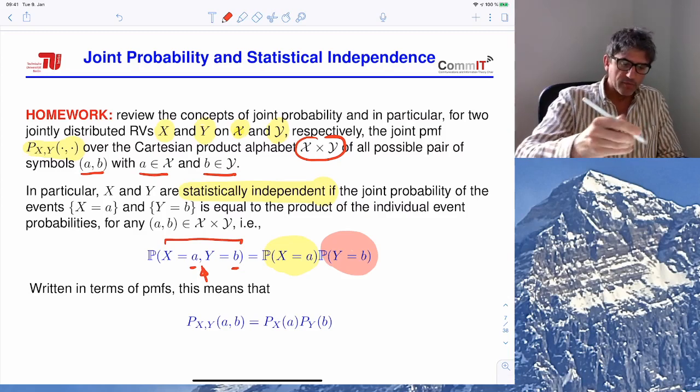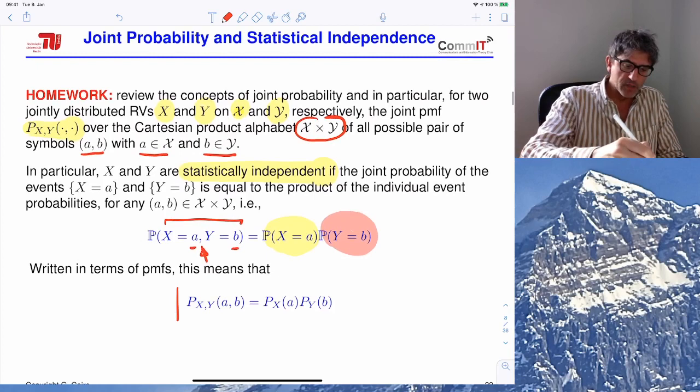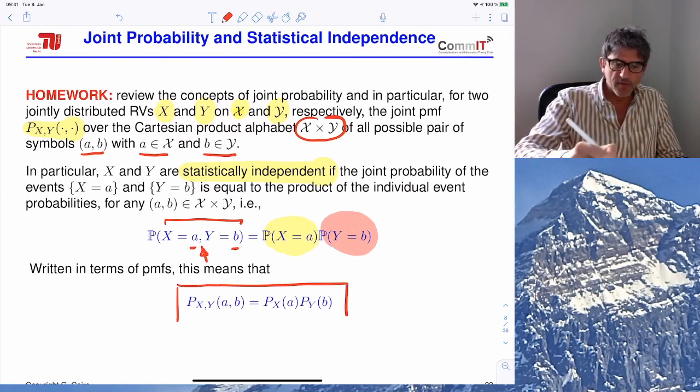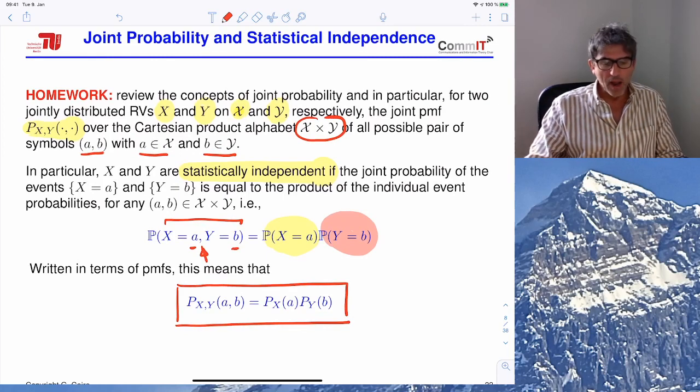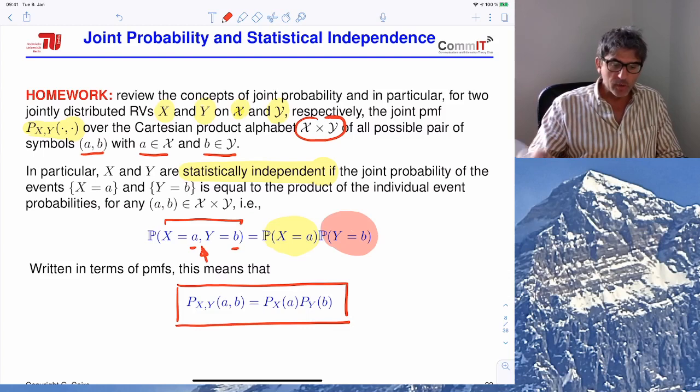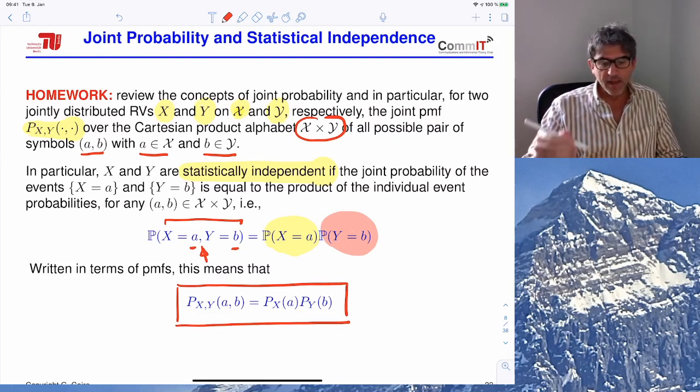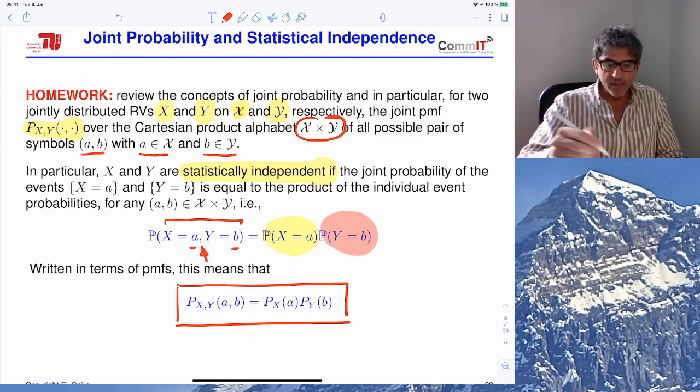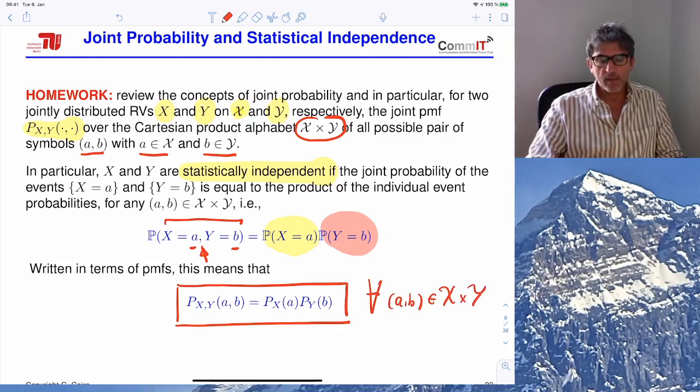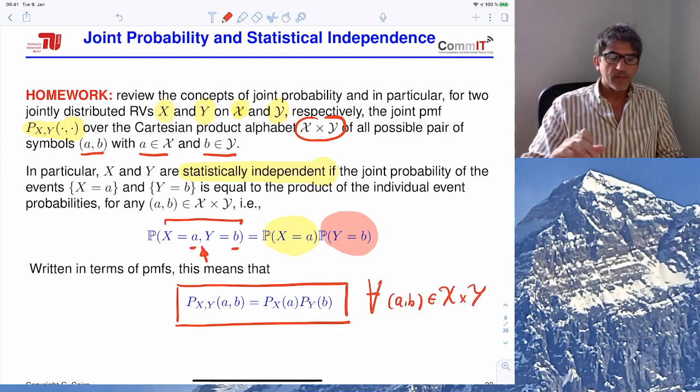Written in terms of probability mass function, this means that the joint probability mass function, P_{X,Y}(a, b), is equal to the product of P_X(a) times P_Y(b), and this must be true for every (a, b) in X Cartesian product Y. Okay? Good.